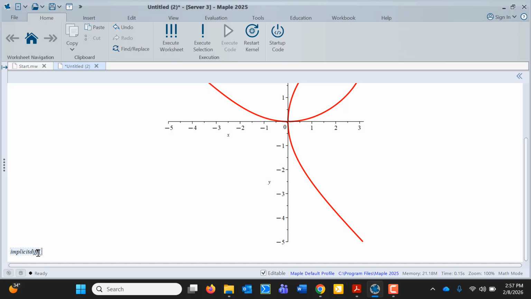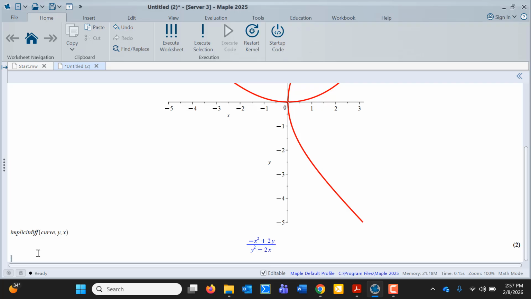And remember, I have saved this under the name curve. So I'm going to type C-U-R-V-E. And then we want the derivative with respect to y. So do your y first, comma, with respect to x. So put the x second, parentheses, hit enter. So there is our derivative function.